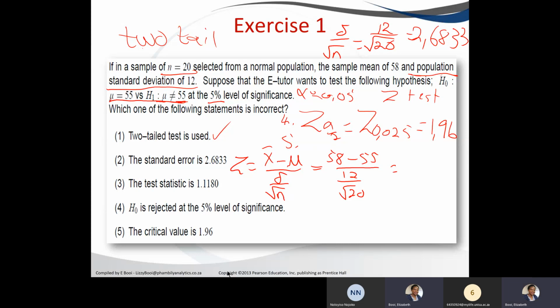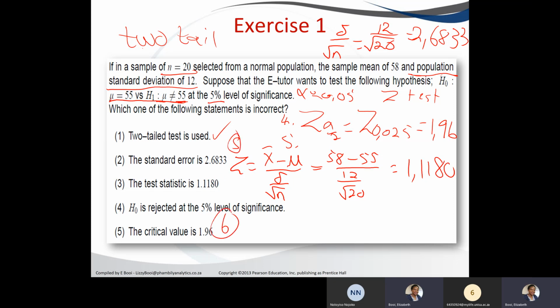If I calculate the whole thing, 58 minus 55 divided by 12 divided by the square root of 20 equals 1.1180. That is step number 5.